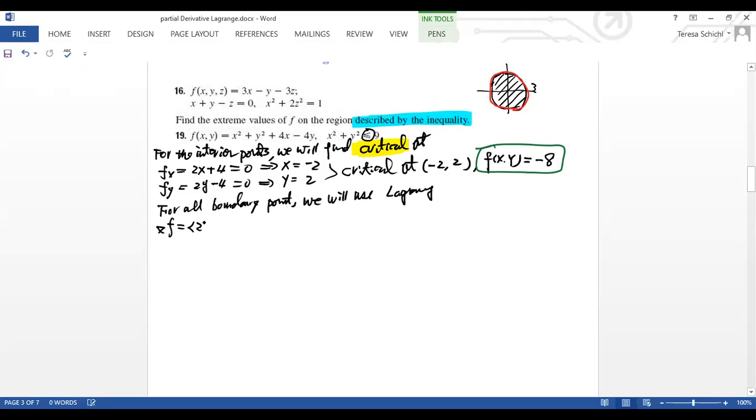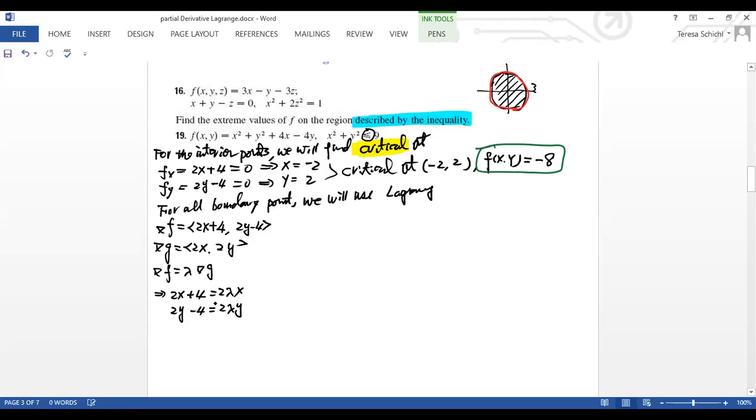Del f is 2x plus 4 and 2y minus 4. And then del g is 2x and 2y. Now I have del f equal to lambda del g. So I have 2x plus 4 equal to 2 lambda x, and 2y minus 4 equal to 2 lambda y.